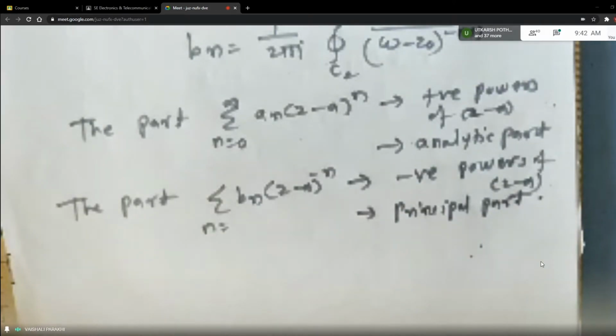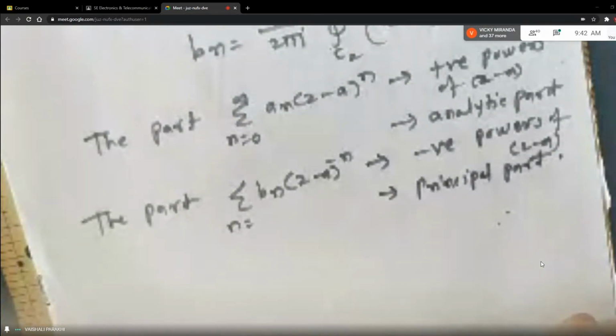Now before proceeding to the examples, I just want to give you one set of series which you already know, but just to revise. Can anybody tell me the expansion for the series e raised to z?